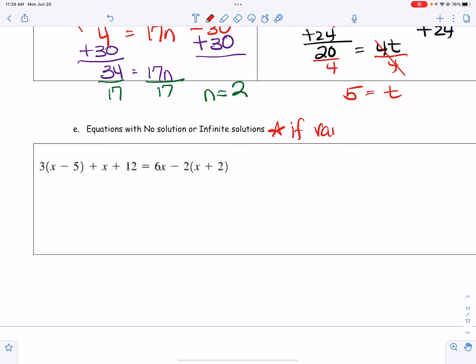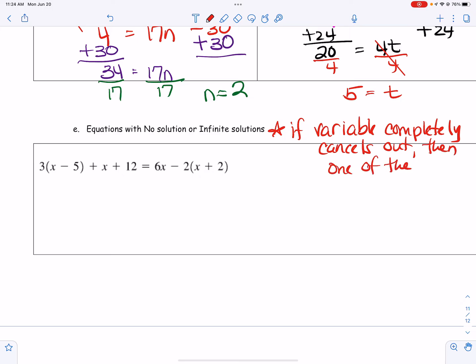If the variable completely cancels out, then one of these two solutions will occur, okay? But you're not going to know that till you actually go through and distribute, collect your like terms, and clean this thing up, okay? So let's take care of that first.